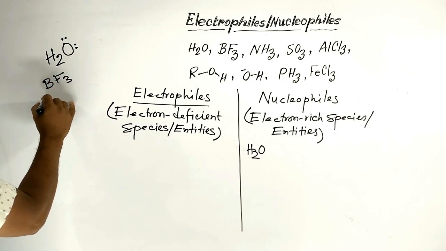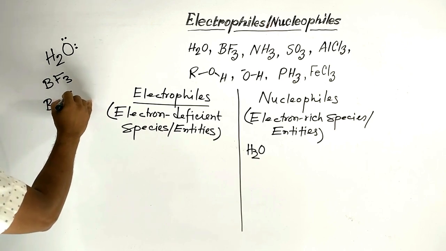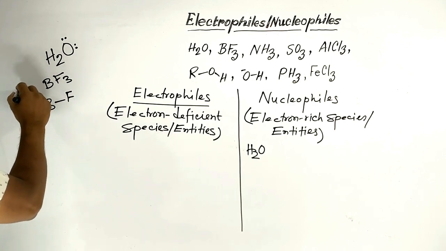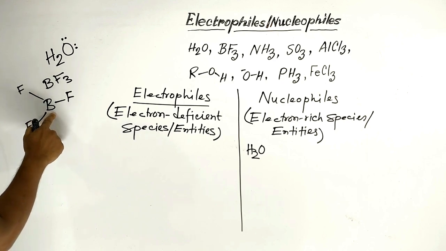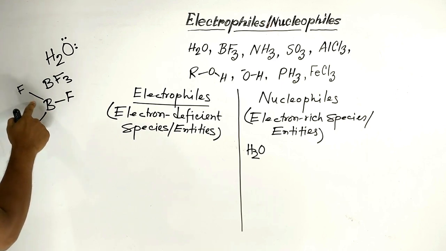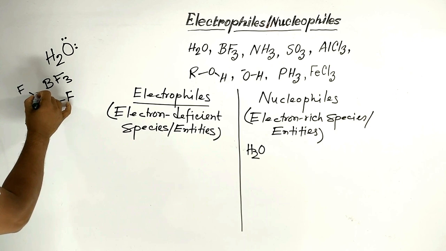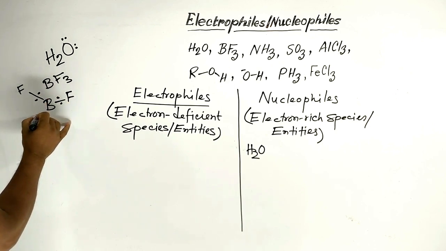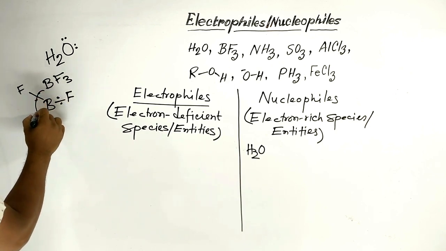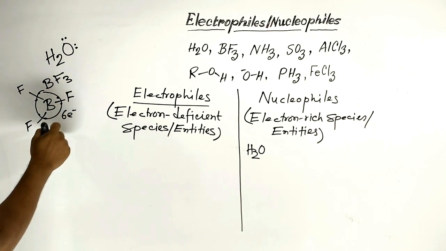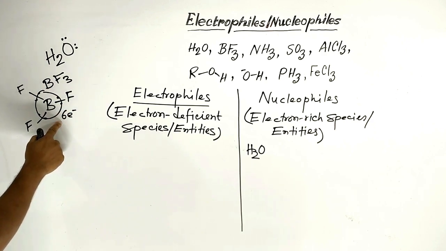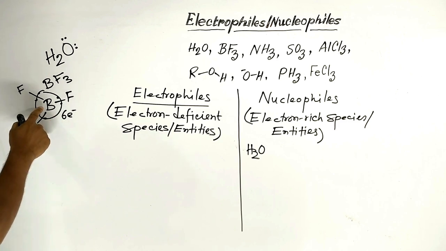Structure formula is this: trigonal planar molecule, a kind of covalent compound. These are covalent bonds. That means around boron there are 6 electrons, which is an incomplete octet. That is, here electron deficiency is present.